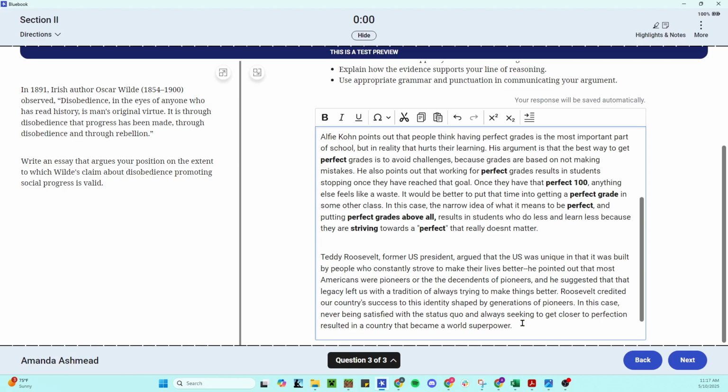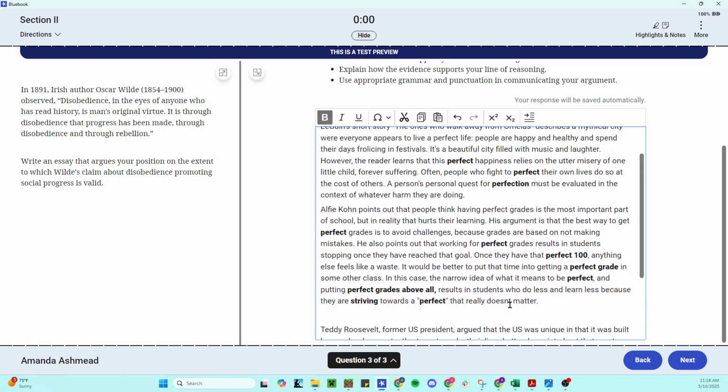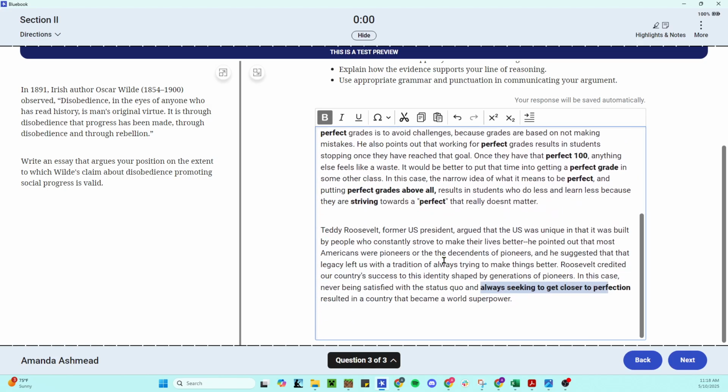Something like that. Again, this isn't necessarily what I'm going to argue, but this is how he's thinking about it: that we were always seeking to get closer to perfection is the connection there. Okay, so now I've got these three.